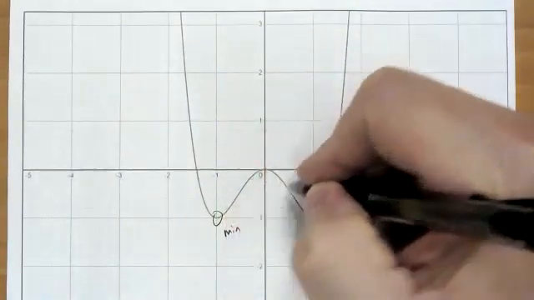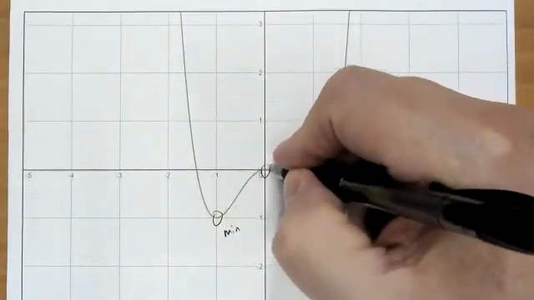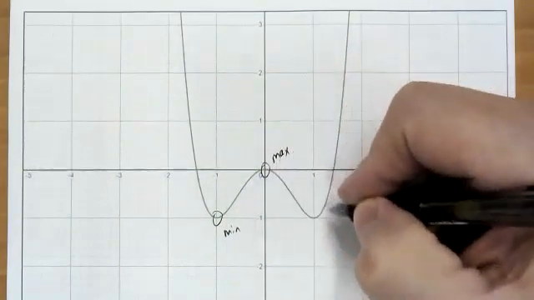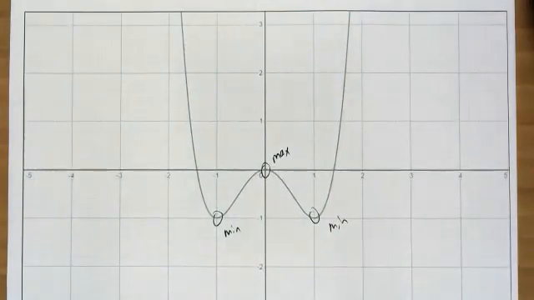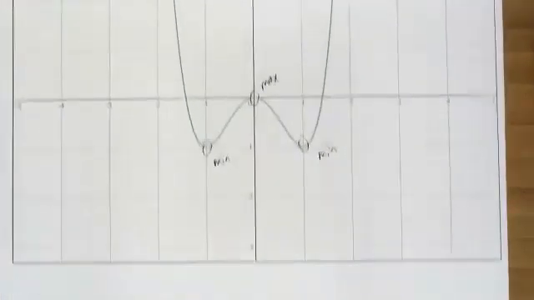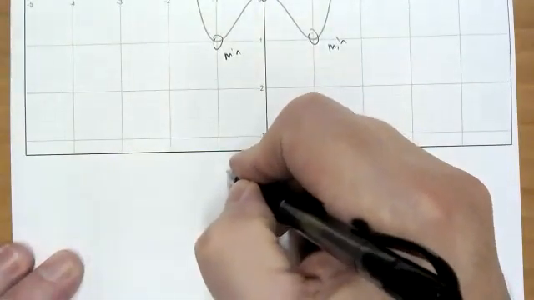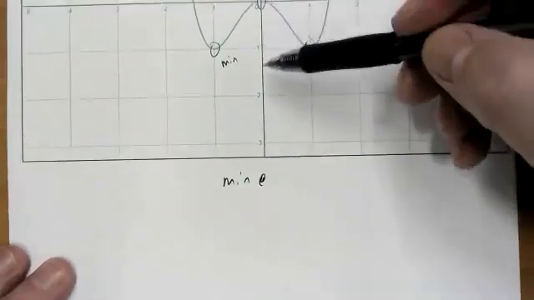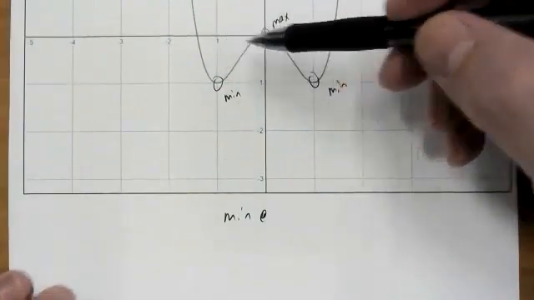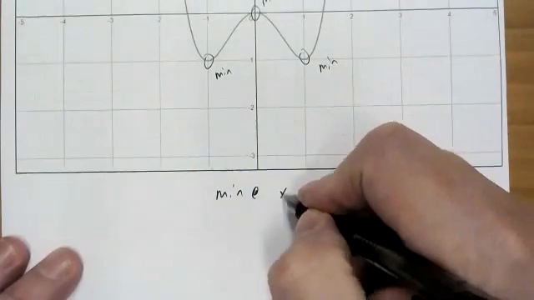Looks like I've got a minimum. Comes up here, looks like a maximum. Down here, another minimum. So for this function, let's have two minimums and one maximum. So let's do minimum at, let's do them one at a time. Minimum at x equals -1.